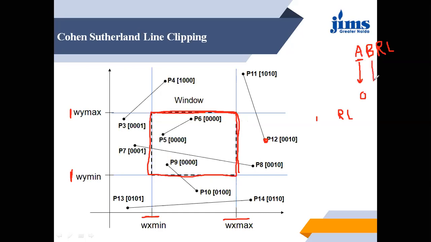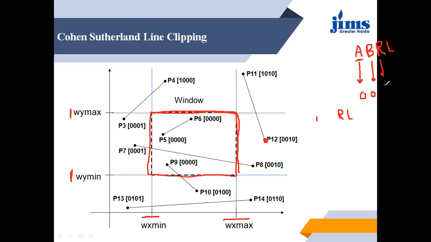So below coordinate value will also be 0. As you can see from here that this is in the right from the window, so right coordinate will be 1.